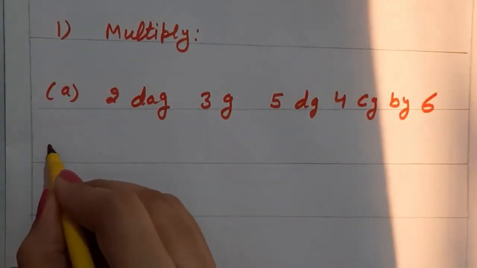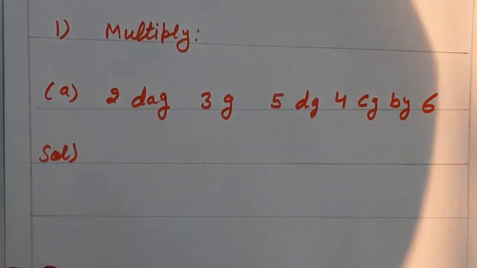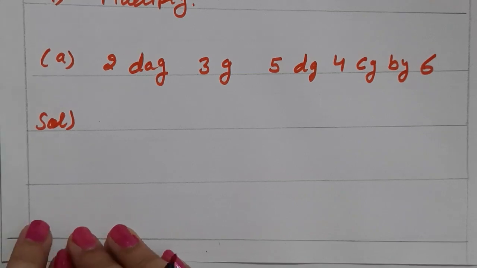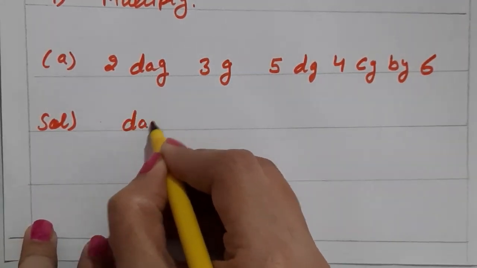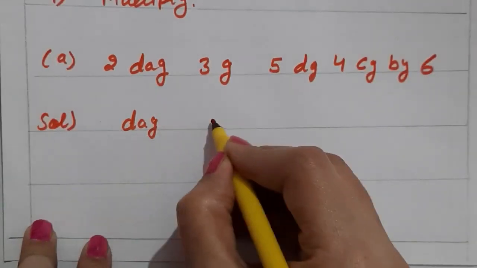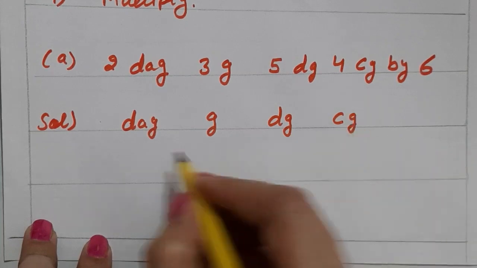See, multiplication is simple as we always do. Only in metric system we will write down the units first at the top. So write down the unit first: decagram, gram, decigram, centigram.